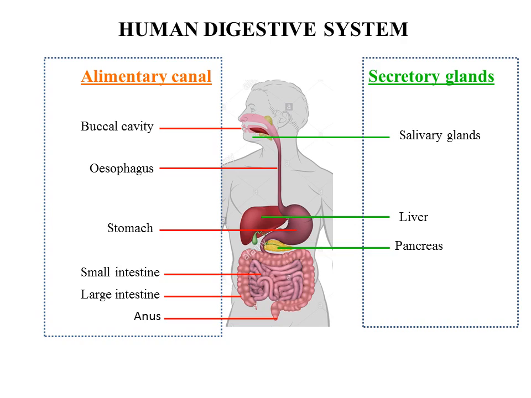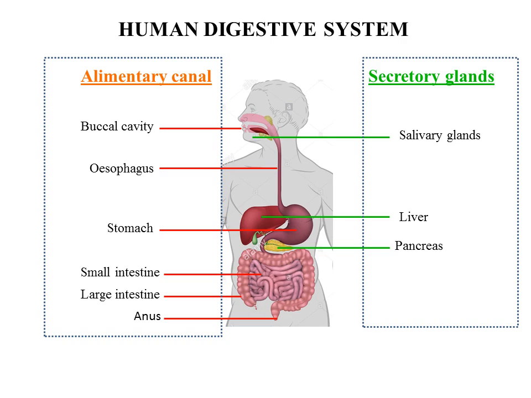This constitutes the whole path along which food moves through the body, starting from the mouth and ending at the anus. The digestive tract includes the esophagus, stomach, small intestine and large intestine. And salivary glands, liver and pancreas are the major digestive glands or secretory glands.